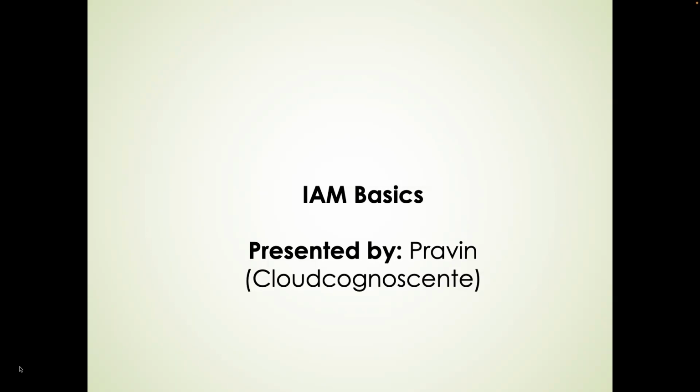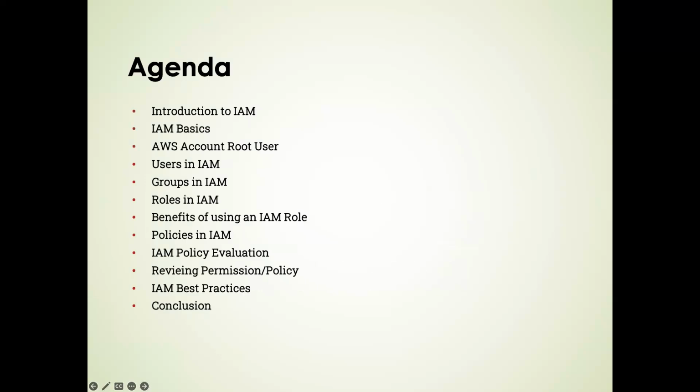Let's talk about what will be the agenda for us today, and then we'll begin quickly. Today's agenda will be talking about introduction to IAM, that is Identity and Access Management. We'll have some IAM basics, then we'll understand the AWS account root user, users in IAM, groups in IAM, roles in IAM, and the benefits of using an IAM role.